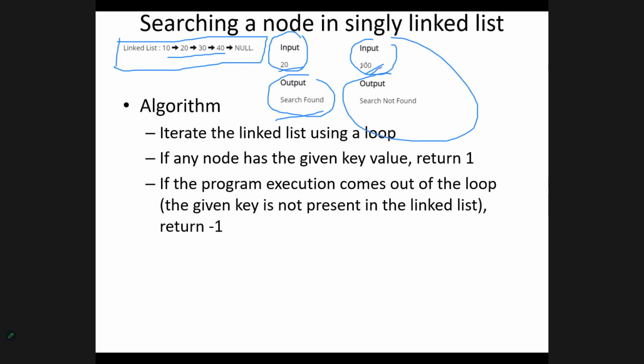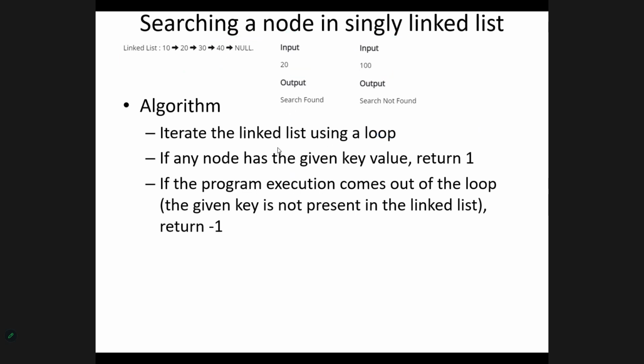But if you did not find this item, it will give you an error message or warning saying search not found, right? So you did not find the item in the given list, right?